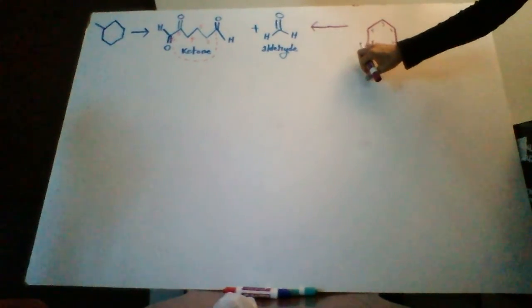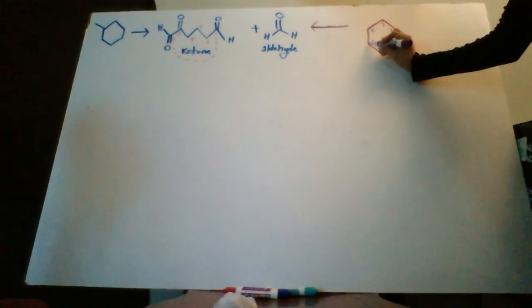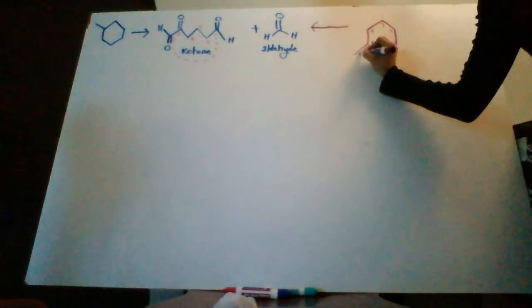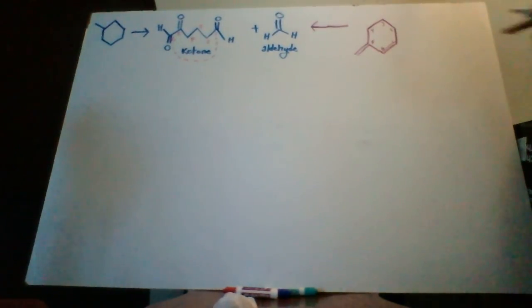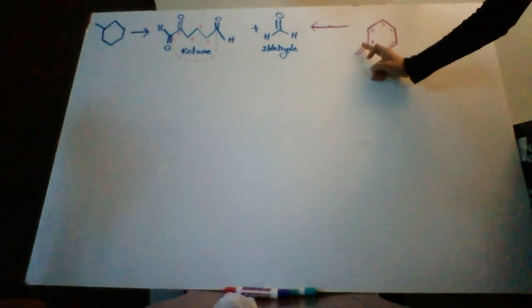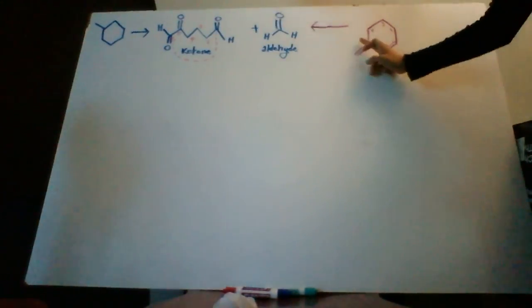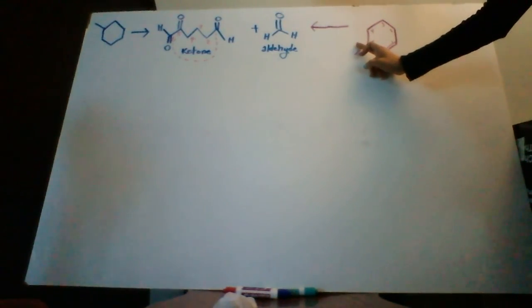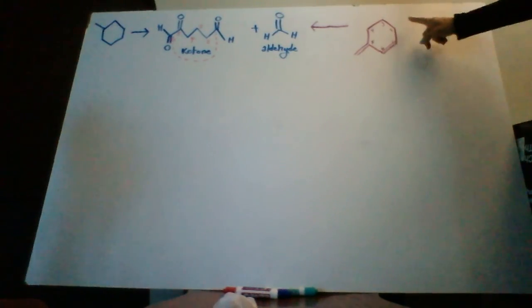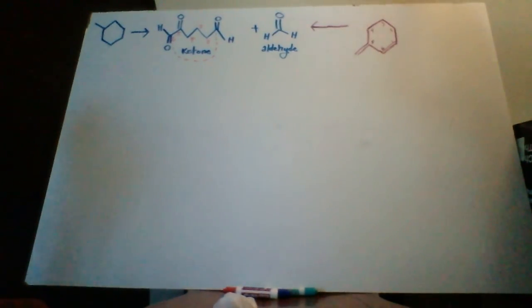So that leads me to believe that there must have been something on carbon 5. If I draw a double bond off of carbon 5 right here, through ozonolysis I would create this doubly bonded oxygen on the linear ketone over there, and also I would end up with an aldehyde. So this is the molecule that led to this from ozonolysis.